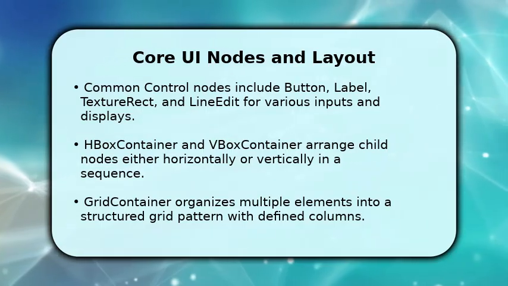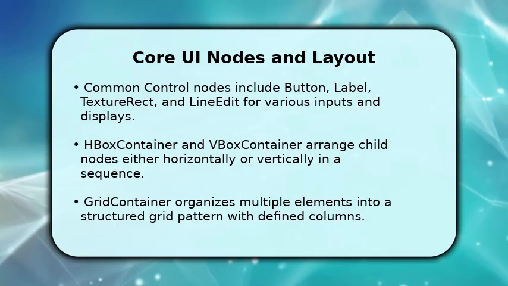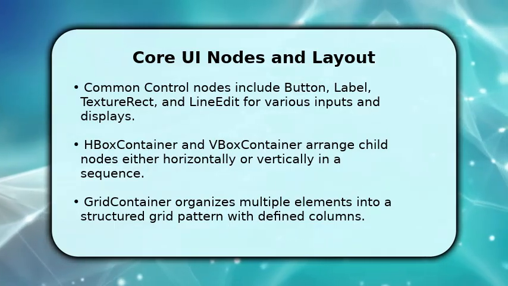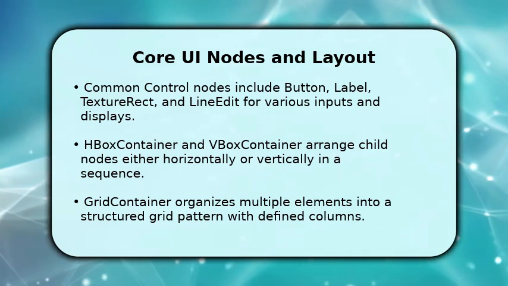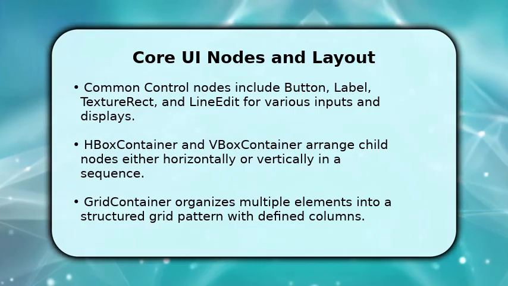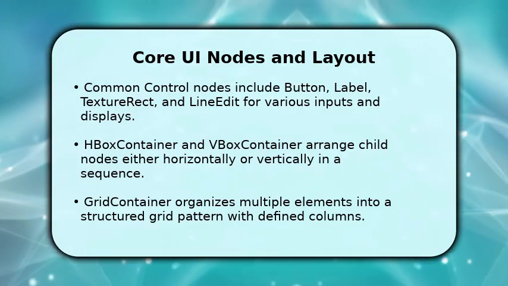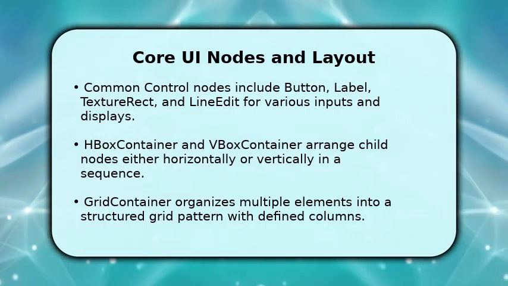For layout, HBoxContainer and VBoxContainer are your workhorses, aligning children side by side or stacked. The GridContainer is perfect for inventory systems or complex grids, while the CenterContainer ensures elements are perfectly centered within their parent, simplifying many common UI tasks.